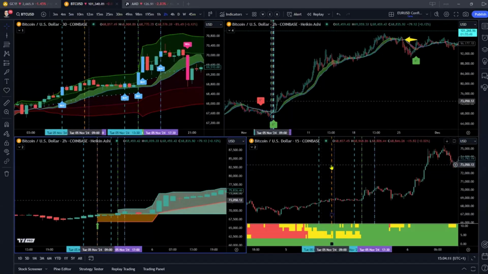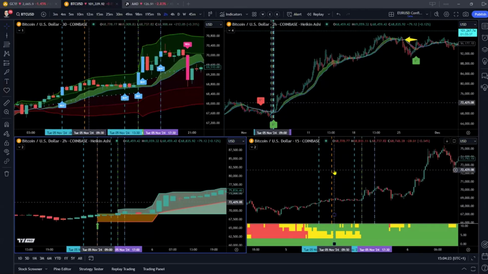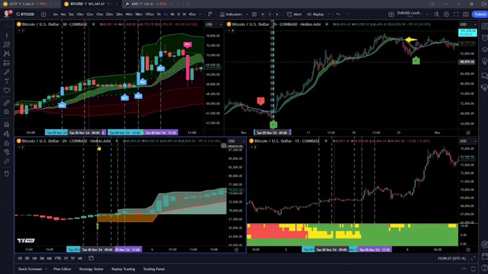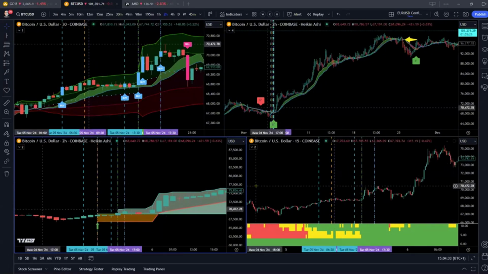At that point, our bias depth heat map is almost all green. But then on the 15-minute, on the bottom right chart, in the little purple dots, the bias depth heat map goes all green. Now, because we're on a 2 hour, it looks like it's at the same time there. So all of a sudden now, green light, green light, green light.